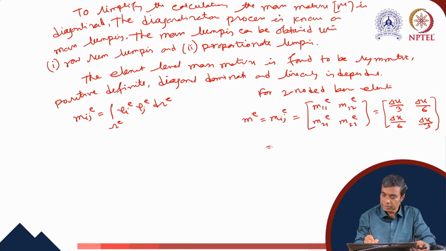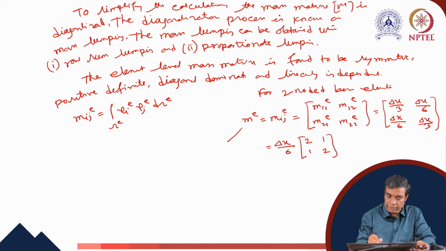So we get here, this is delta x by 6 into 2, 1, 1, 2. So this is the consistent mass matrix.